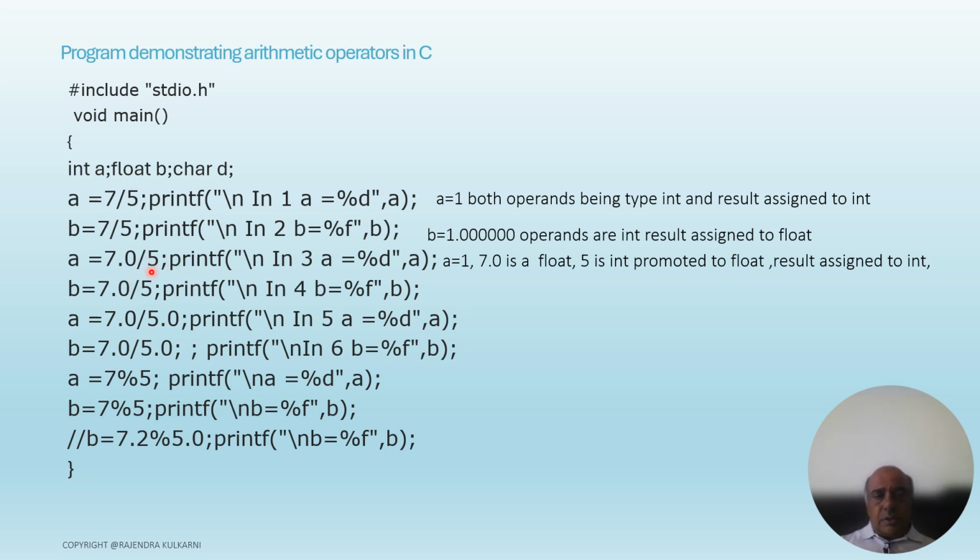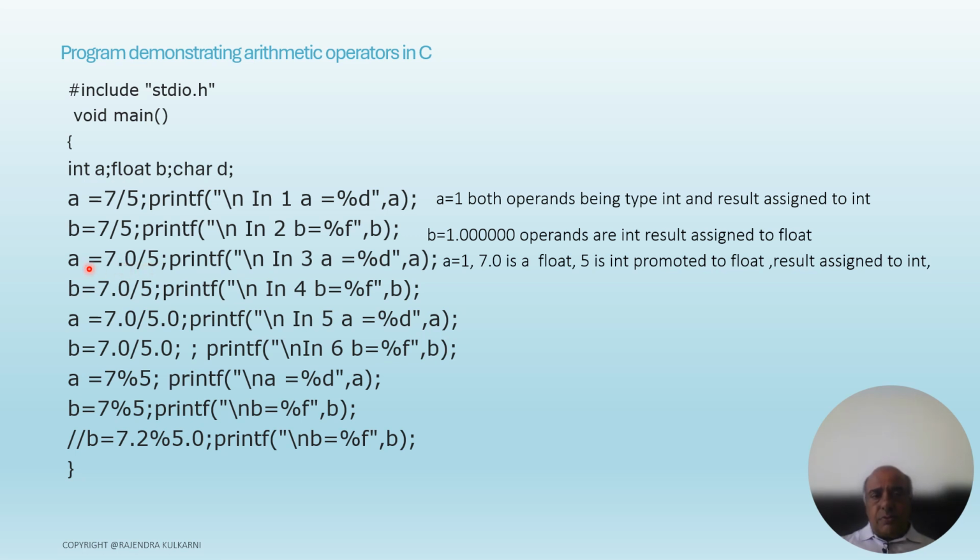because when one of the operands in an expression is of type float, the second operand, even if it is of type int, will get promoted to a float and the expression will evaluate to 1.4.